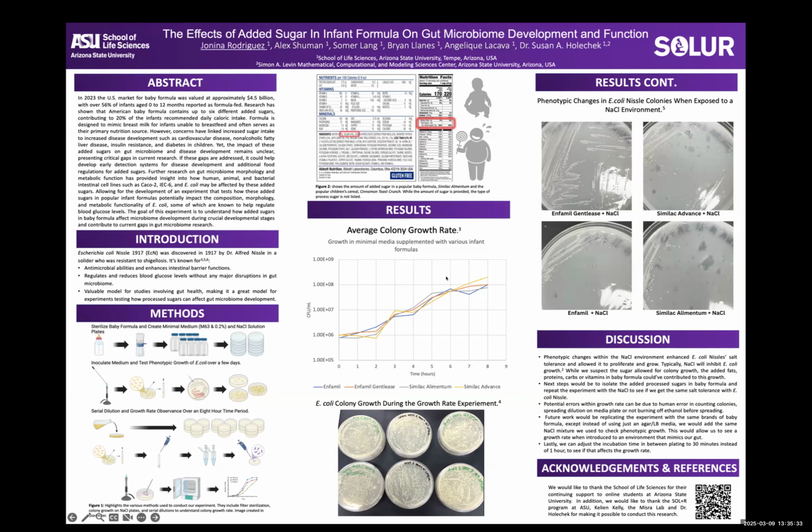Additionally, we also did a growth rate. It was a 9-hour experiment where every hour we basically created a minimal medium that was with our baby formula, our M63 and 0.2 NaCl solution. We let those sit in the incubator overnight so that you can get the colonies of the E. coli to grow. And then every hour we would let them ferment.